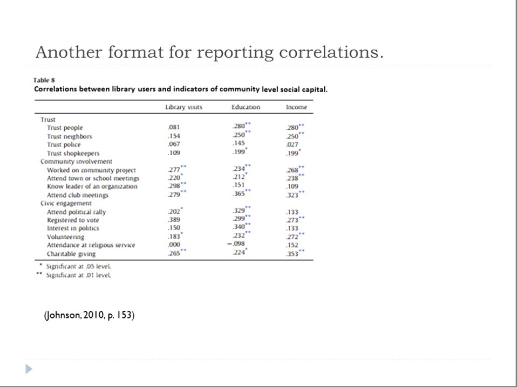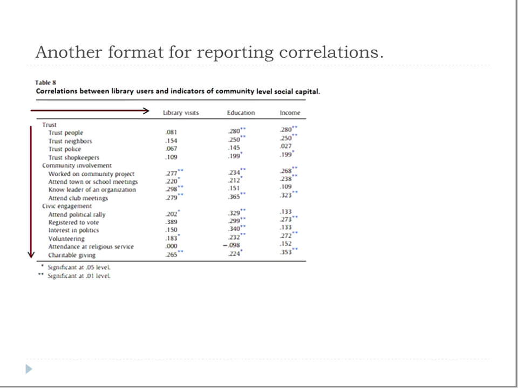Now this looks to me at first glance like a contingency table because you have 3 variables running across the top: library visits, education, and income, and then 3 groups of variables running down the left-hand side: trust, community involvement, and civic engagement. So it almost looks like it's a contingency table.